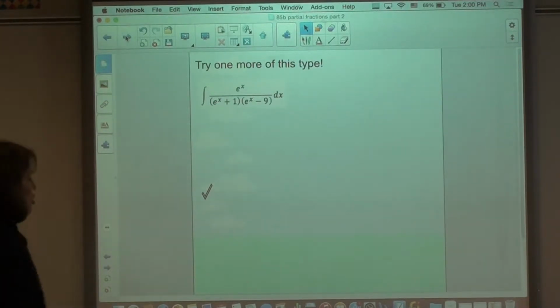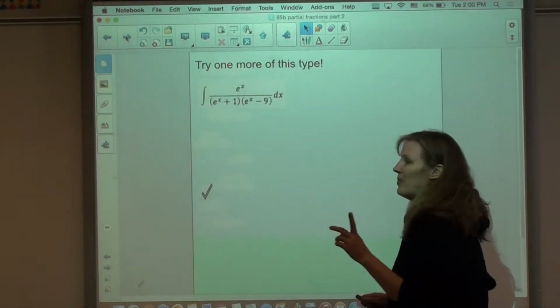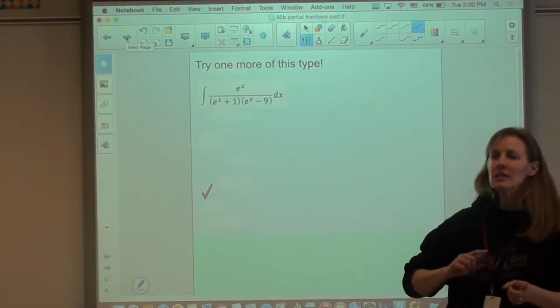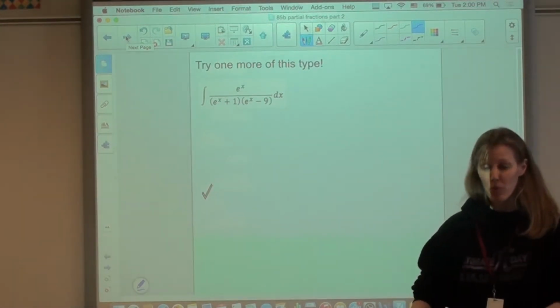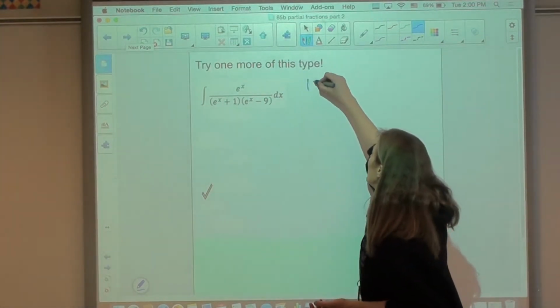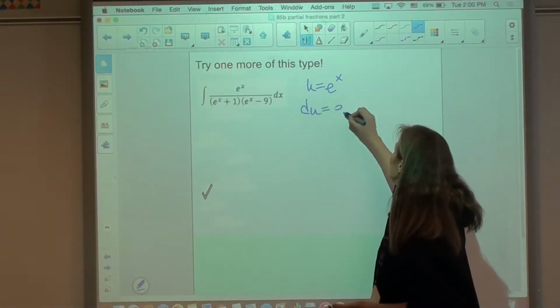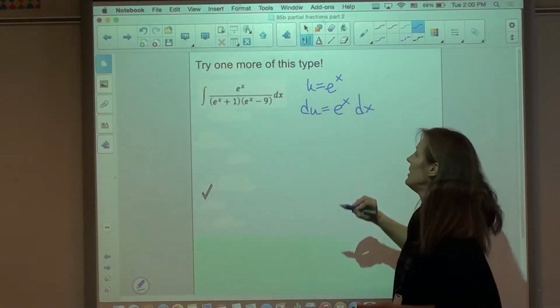Guys, quietly for this one, there's more than one student today that I've seen do the exact same thing. This is why those dx's are so important. For this one, if you let u equal e to the x, your du is e to the x dx, right?